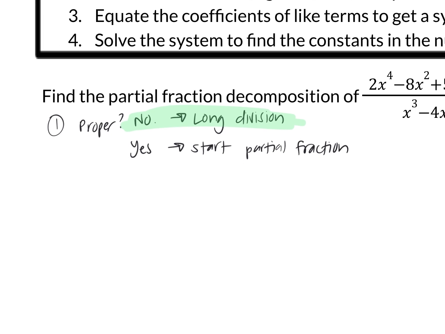So that means I'm going to have my x cubed minus 4x on the outside and my 2x to the 4th on the inside. Let's put a place value in there for that x cubed, so let's put 0x cubed, plus minus 8x squared plus 5x minus 2.